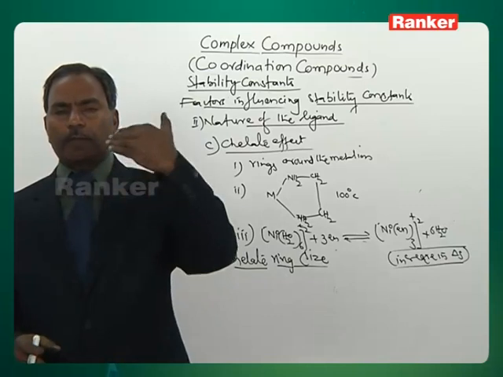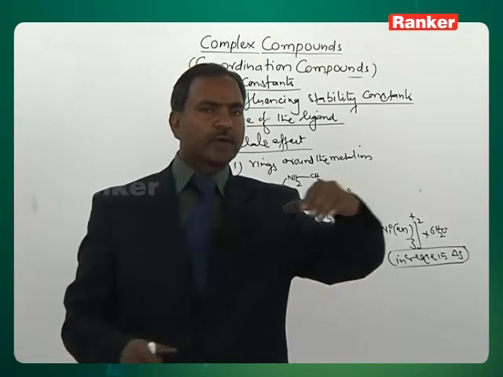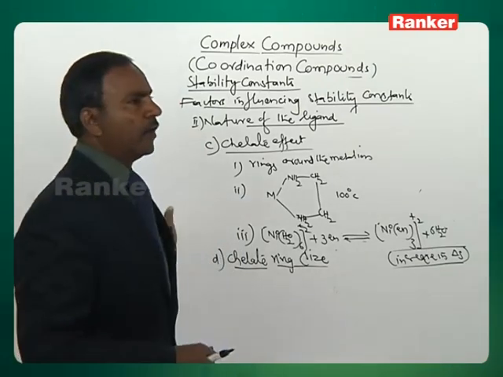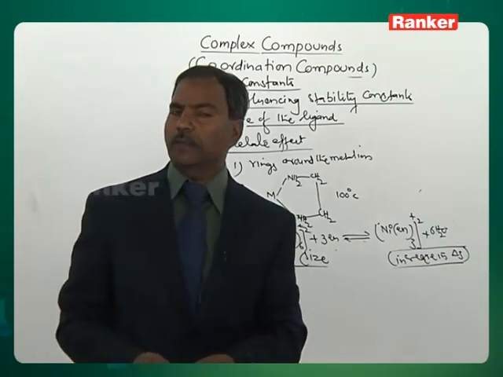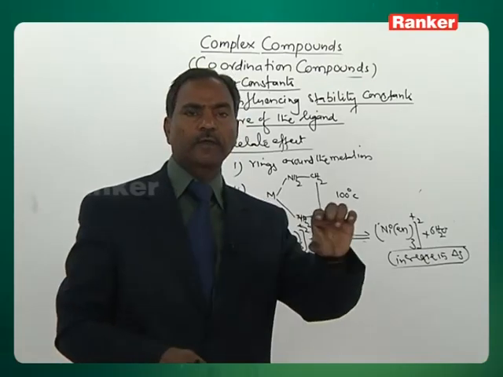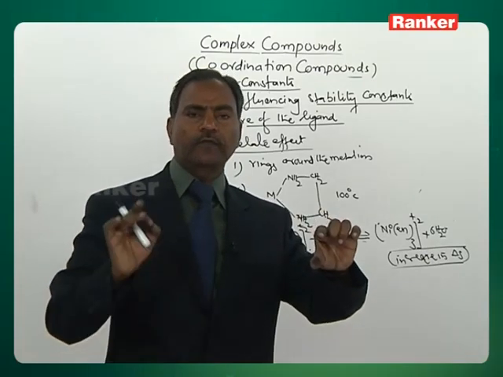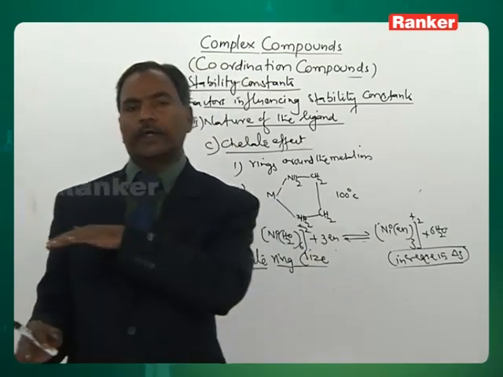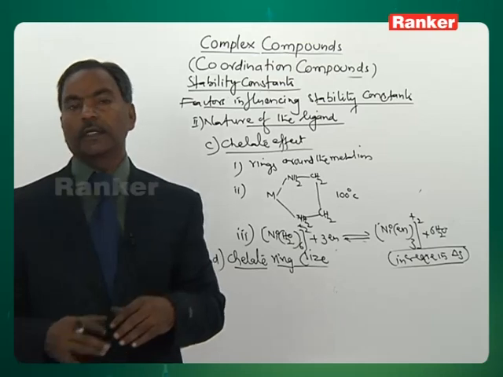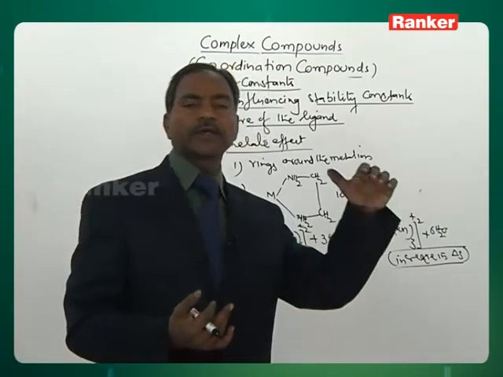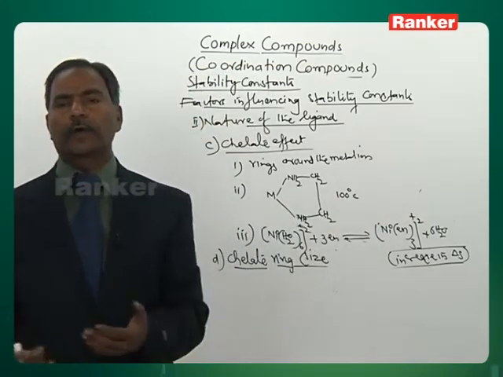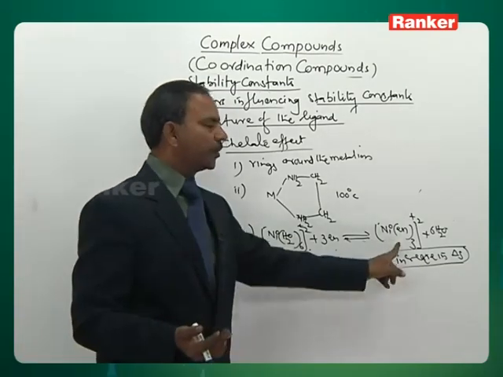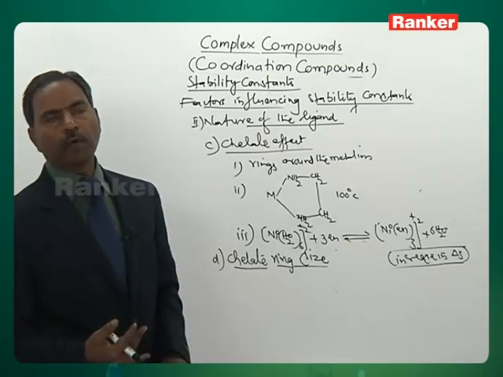Yes, any product which is produced by an exothermic process will be found to be highly stable. Therefore, compared to this particular complex, this chelate complex is found to be more stable.